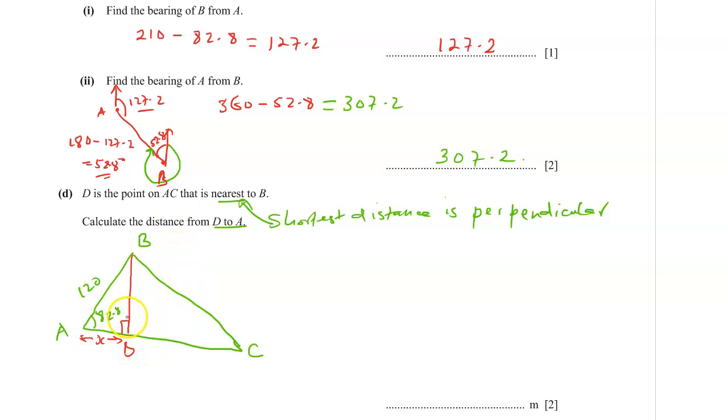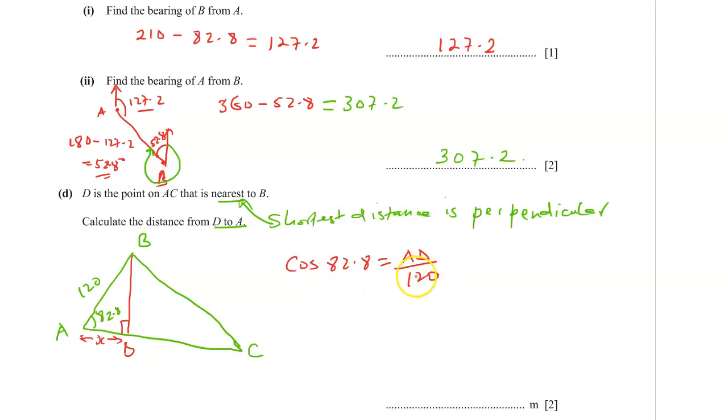Therefore, this is adjacent. This is hypotenuse. So we go for cos. Cos 82.8 is equal to AD over 120.